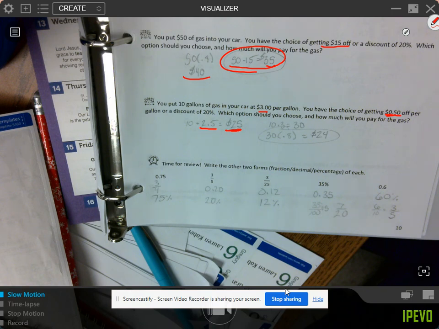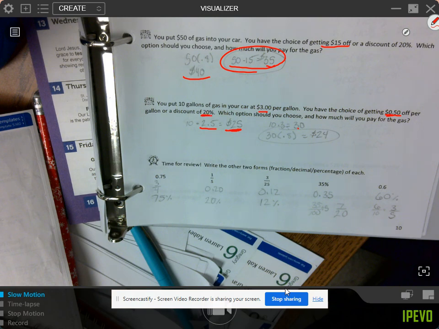Now I need to find the other option with that 20% discount. So I need to find out how much 10 gallons of gas at $3 a gallon costs. So 10 gallons, $3 per gallon, 10 times 3 is $30 of gas.